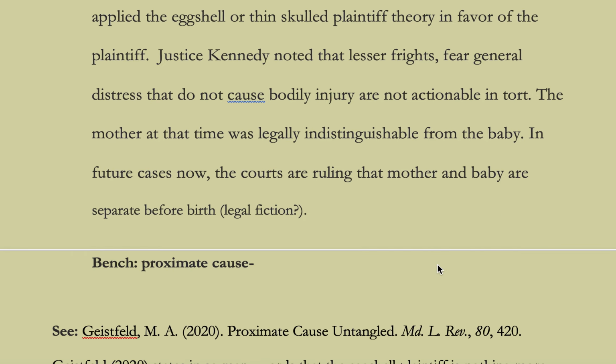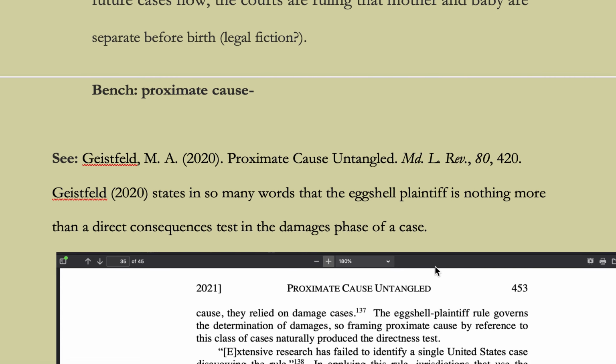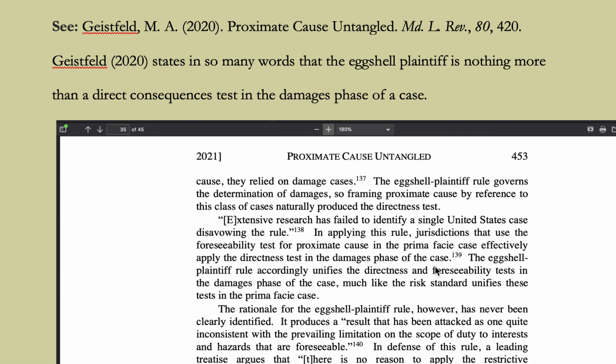But basically, it's a relevant case for causation. And so basically, this is an article I pulled from the web by Geistfeld, and it's about proximate cause untangled. And I want to let you know that proximate cause, if you're in another jurisdiction, might be combined with actual and legal or proximate.